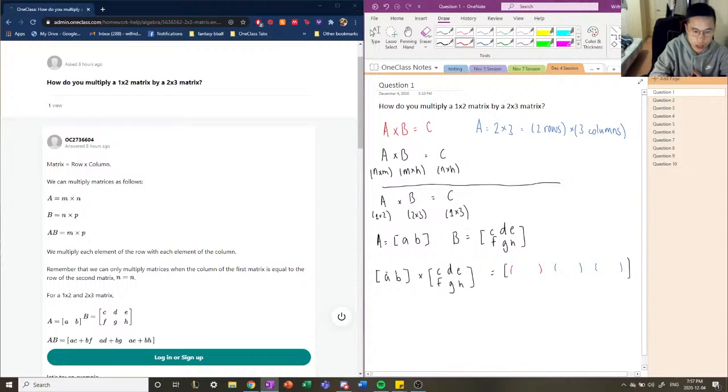So the first value of the first row is A times the first value of the first column, which is C. So we're going to get A times C, and we're going to sum that with the second value of the first row times the second value of the first column. That's going to be B times F. We sum those together to get the first value of our new resultant matrix.